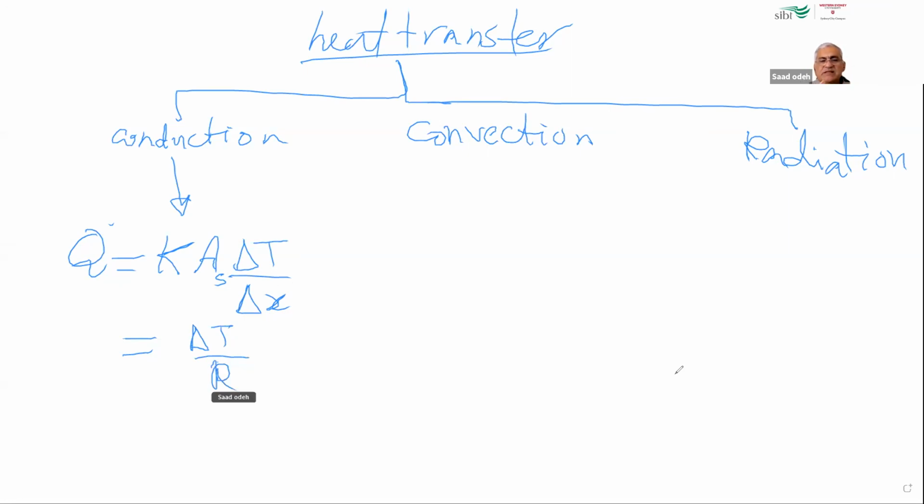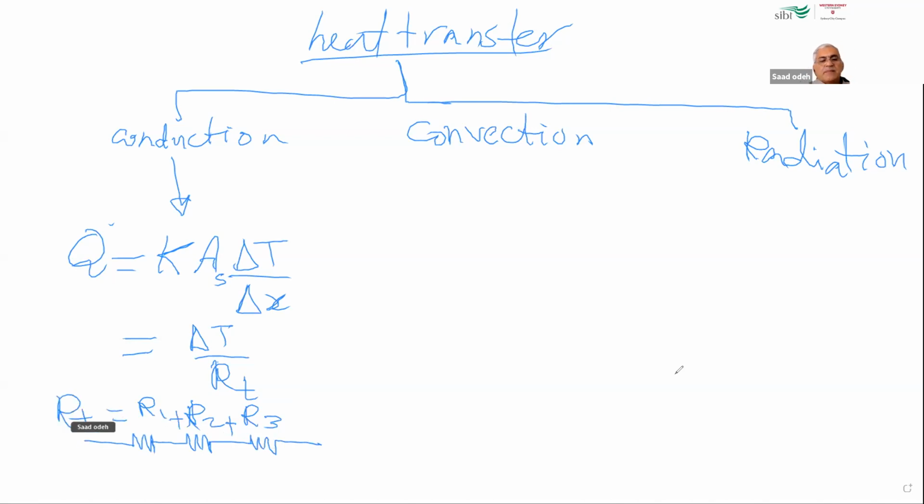If we have multiple layers, then we need to find R total. So if we have thermal resistances R1, R2, and R3, I need to add them together to get R total.